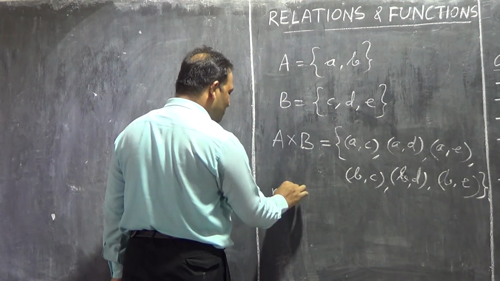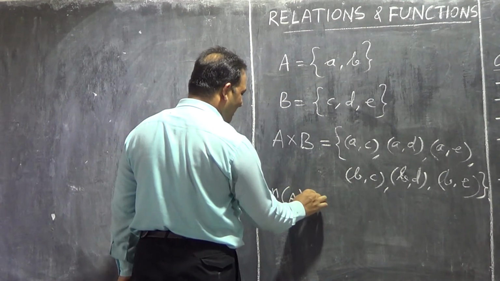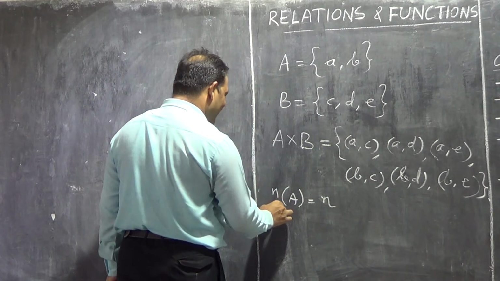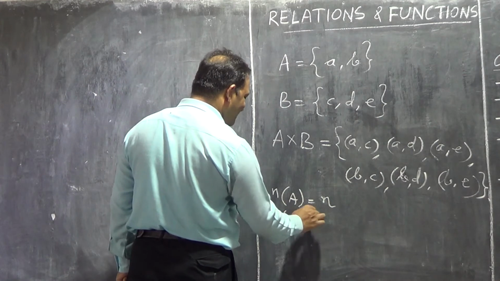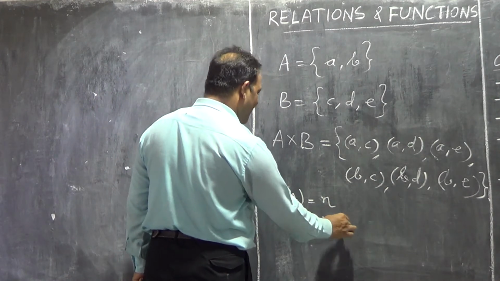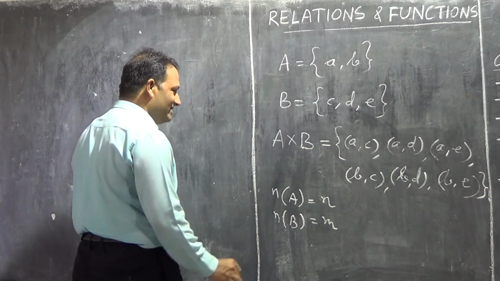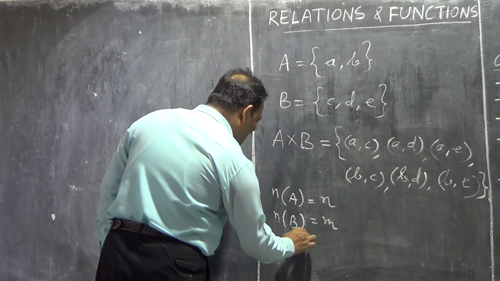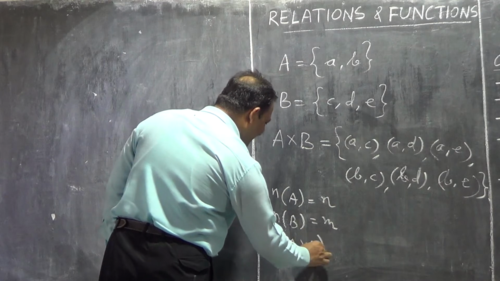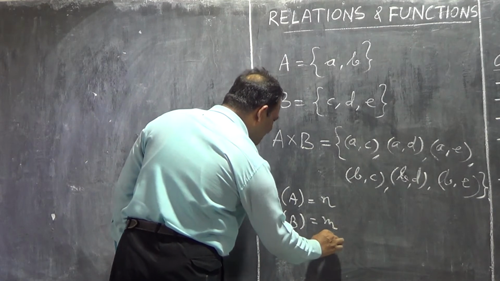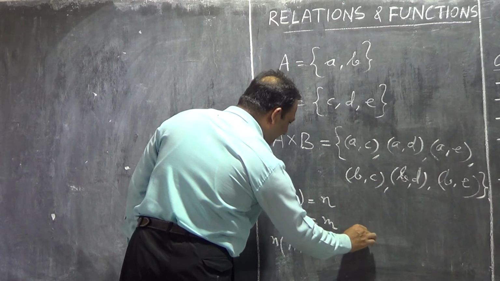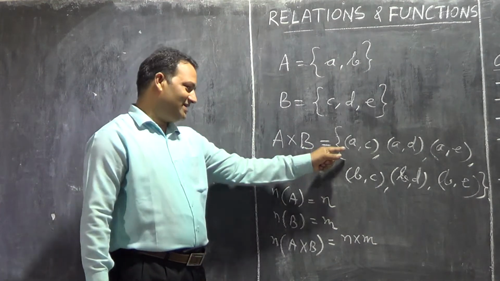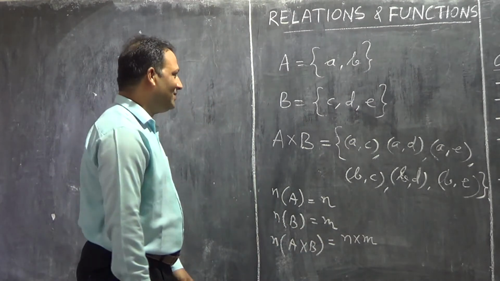Hence we say if A has cardinal number, say n, and B has cardinal number m, then the cardinal number of A cross B, when you multiply these two, there will be n into m number of ordered pairs.